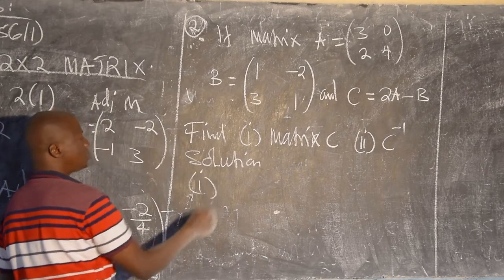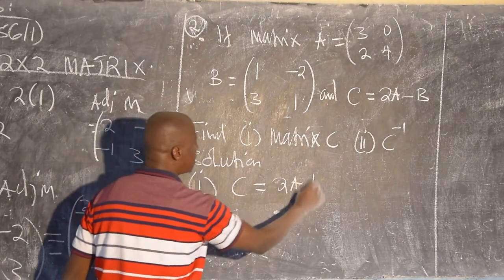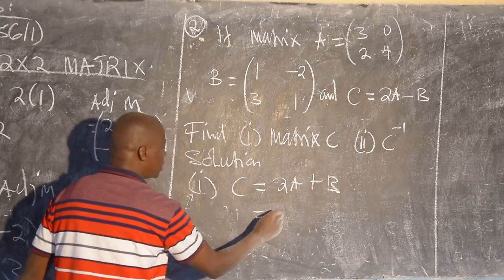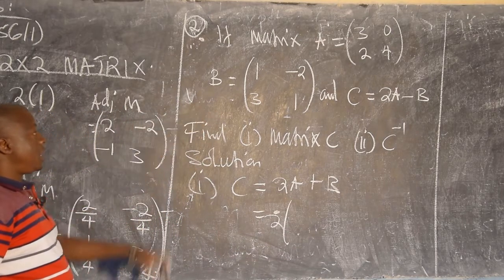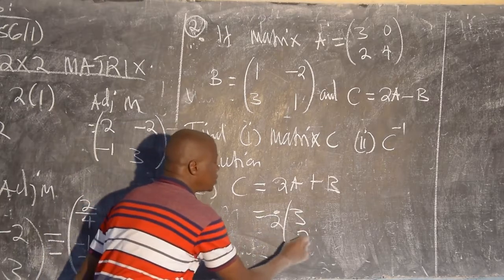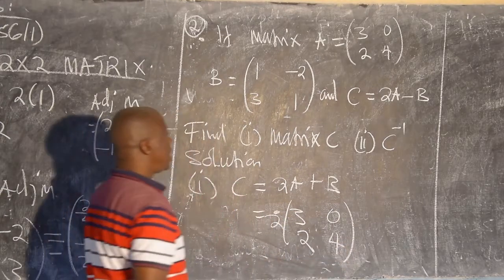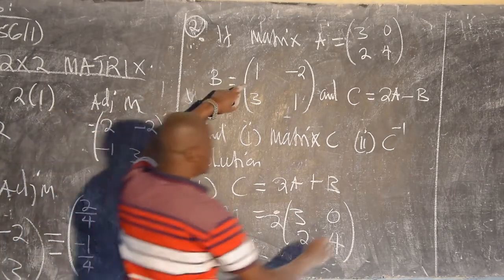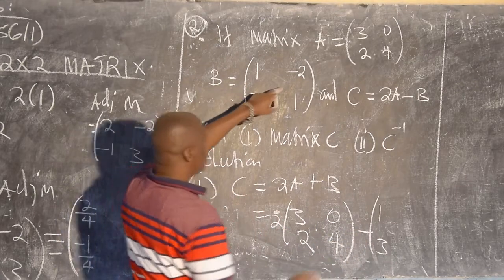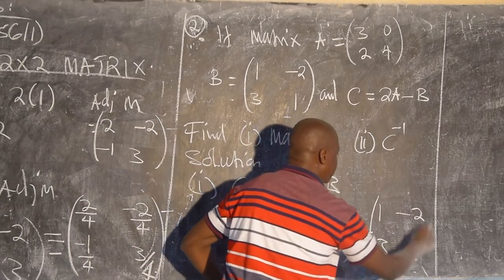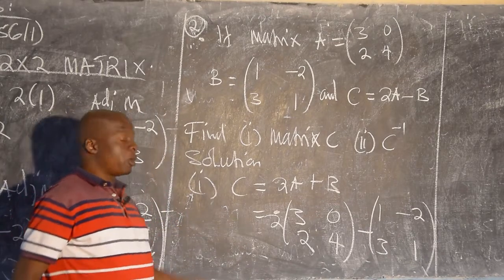Case 1, C equal to 2 into A minus B. Matrix A is 3, 2, 0, 4, minus B, that is 1, 3, negative 2, 1. This 2 is a scalar multiple.